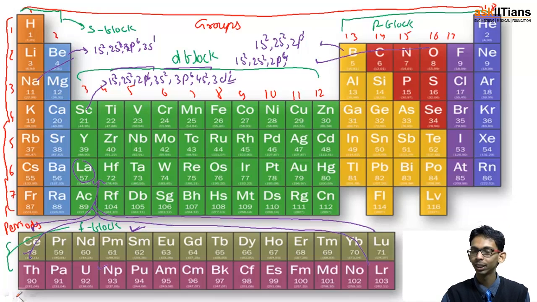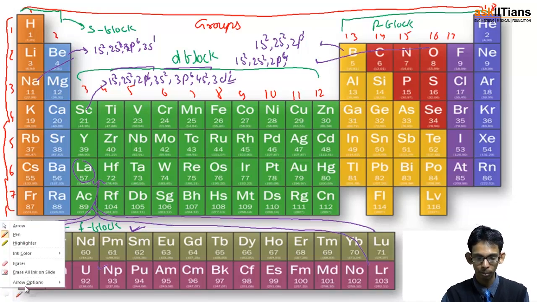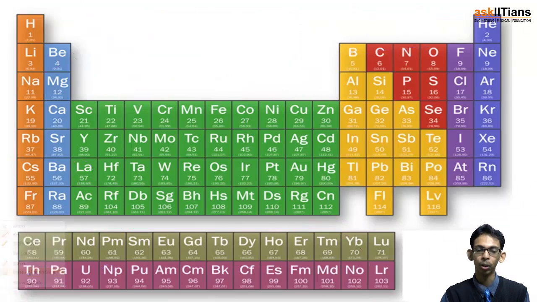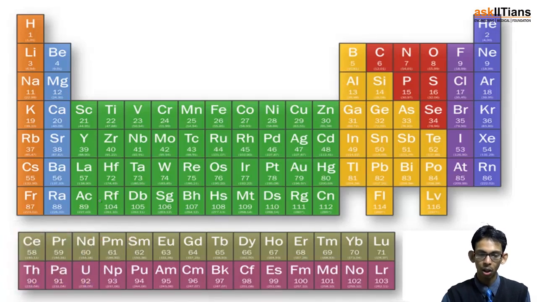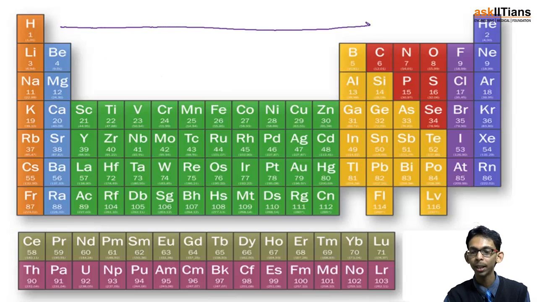So we have just discussed the classification of elements on the basis of electronic configuration in the modern periodic table. Now these groups and periods do have some hidden information in them, and what is that? All the elements which belong to the same group have an equal number of valence electrons.